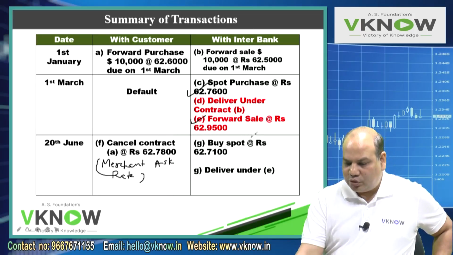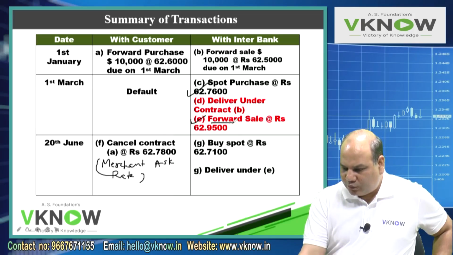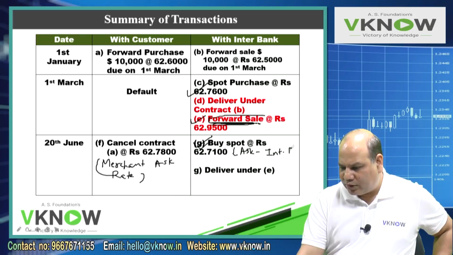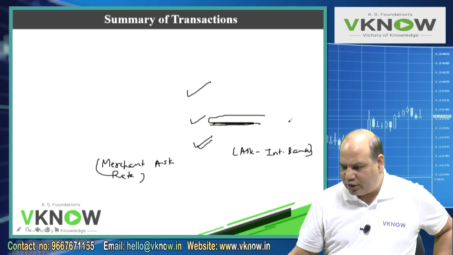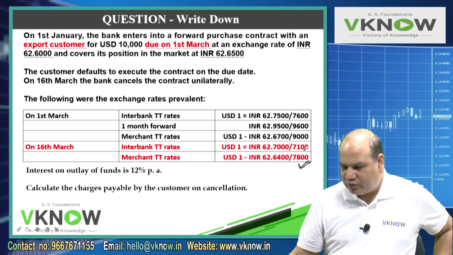And now what will they do? Buy spot, because they have entered into a forward contract to sell. So in order to make this sale, they will buy spot. Buy spot, ask rate is applicable. Interbank ask rate is applicable. Just let me check whether the interbank ask rate is 7100.